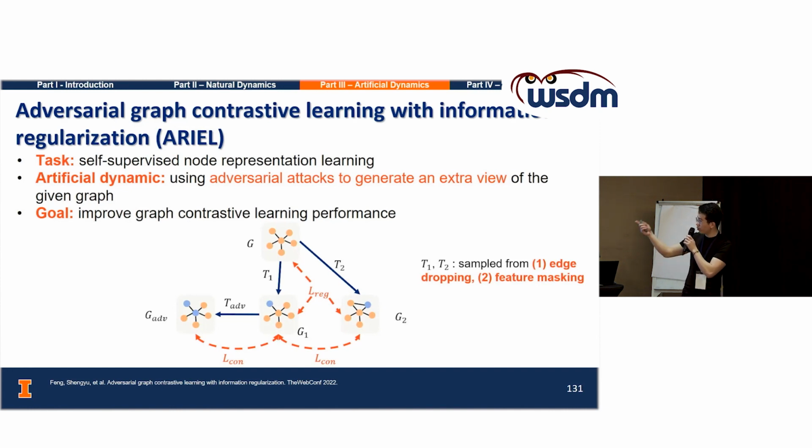The difference is that after we generate the two views, we use an adversarial attack on one of them. In this illustration, we attack the view G1 and get an attacked view, G adversarial. So in total we now have three views, and we design contrastive objectives based on these three views. That's the overall picture of our work.